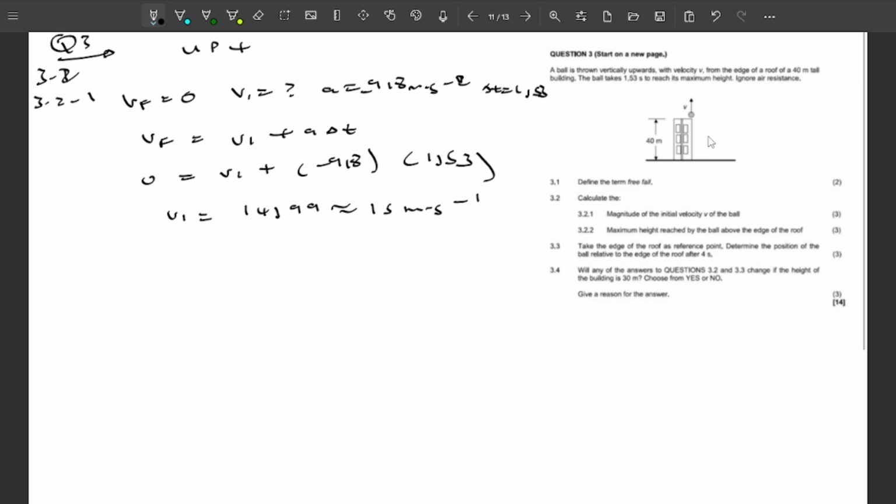So that's the v initial. It's positive because the ball was projected up at 15 meters per second. Now let's do the maximum height.